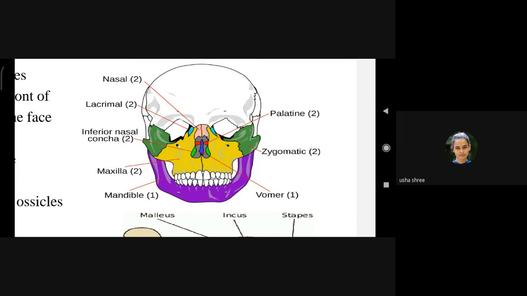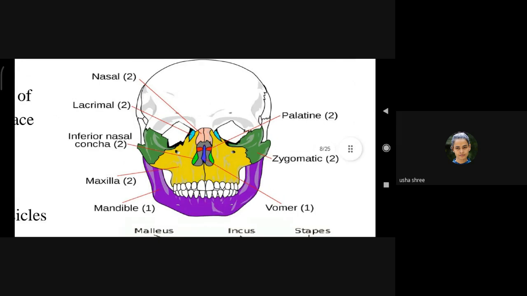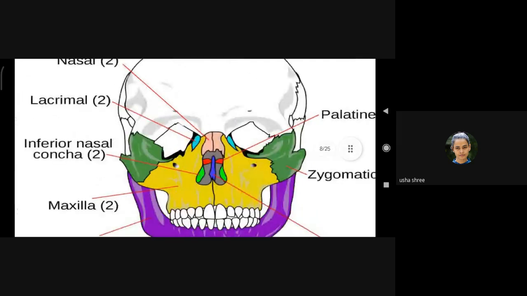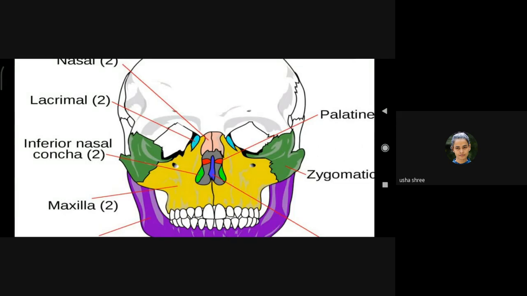And just below the eyes, at the corner of eyes and nose, you can see this small sky colored bone in between nose and eyes. This sky colored bone is lacrimal.